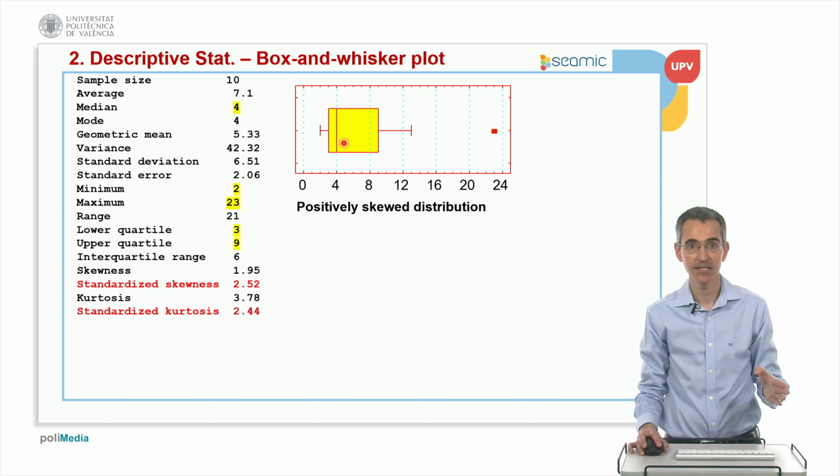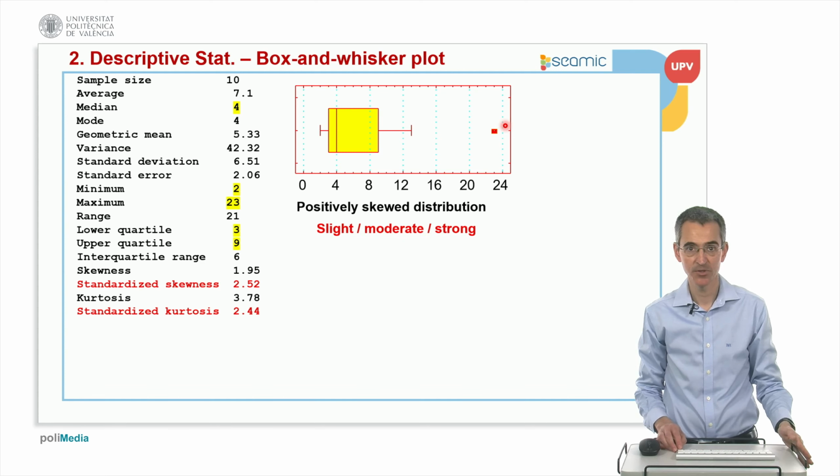The line inside the box corresponds to the median. Here, the median is 4. The right end of the box is the third quartile. The left end of the box corresponds to the first quartile. This is the minimum value, and this is the maximum value. This is the typical shape of a box and whisker for a positively skewed distribution.